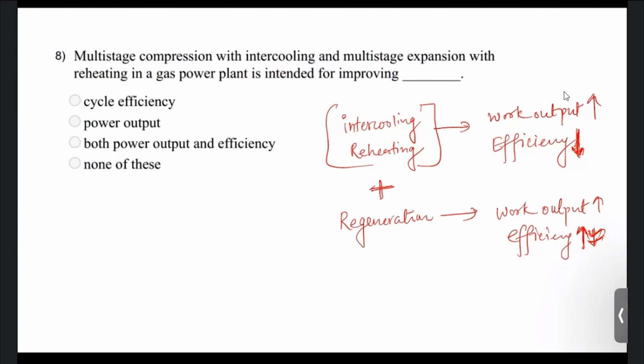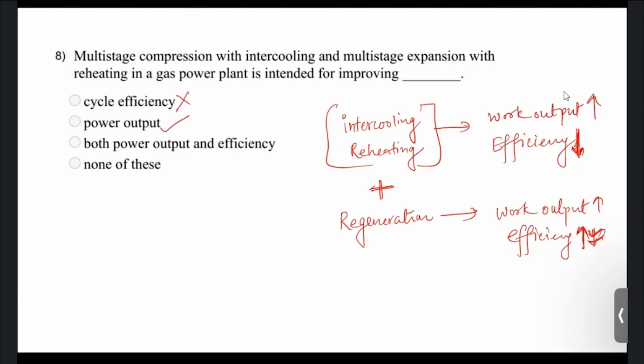Okay, so here in the question it is asked that multi-stage compression and expansion with intercooling and reheating in a gas power plant is intended for improving. So these intercooling and reheating always result in higher work output. Okay, so that is the only intention to use these things. So here the cycle efficiency, no, it always decreases.